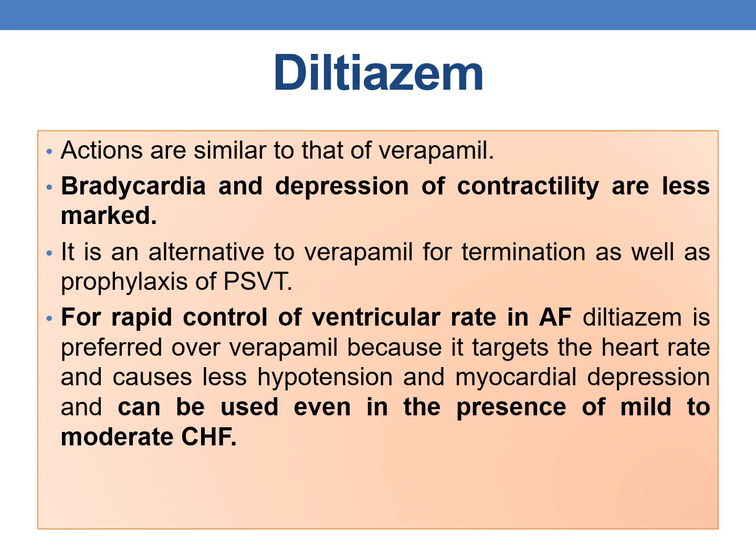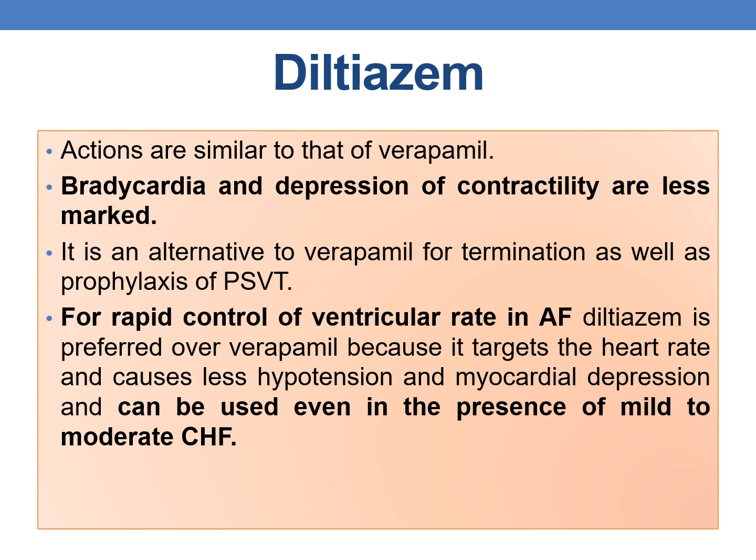Coming to the next drug, that is Diltiazem. The cardiac actions are similar to those of verapamil, but bradycardia and depression of contractility are less marked with Diltiazem. Diltiazem is an alternative to verapamil for termination as well as prophylaxis of PSVT.